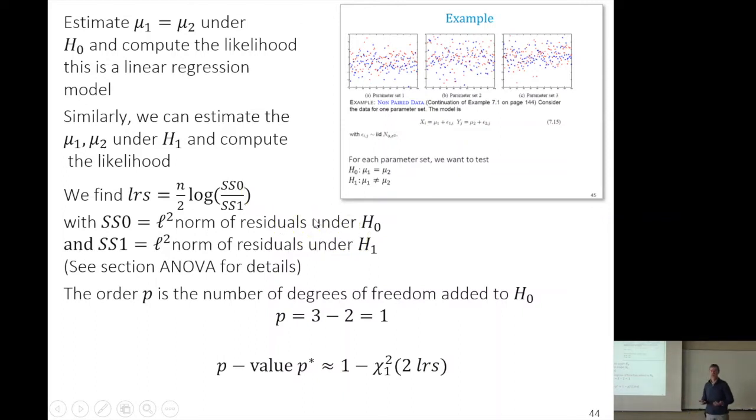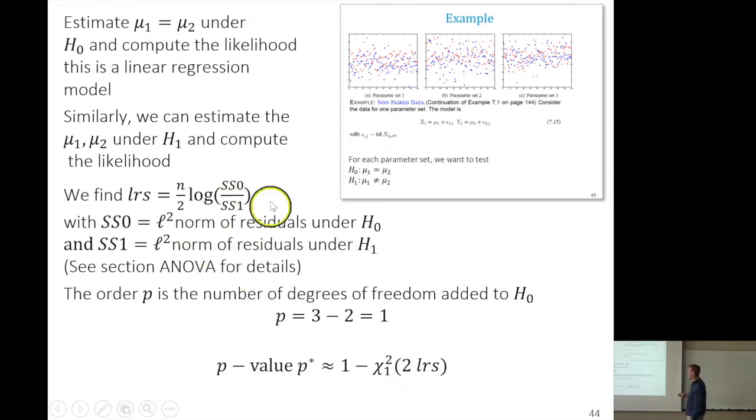Therefore, H0 was not true. If I allow myself to have a mu1 different than mu2, I have something very different here. Another way to think about it is that we're maximizing the likelihood, and the likelihood is minus the log of the SS0 multiplied by some constant. So maximizing the likelihood is minimizing the sum of residuals here.